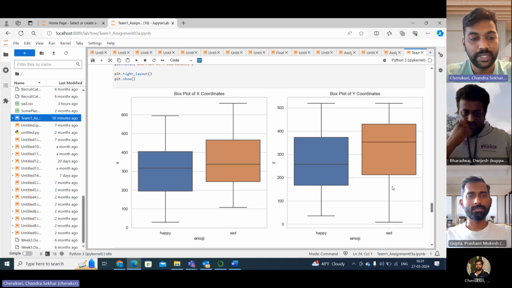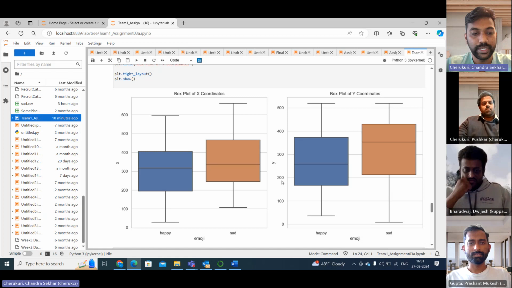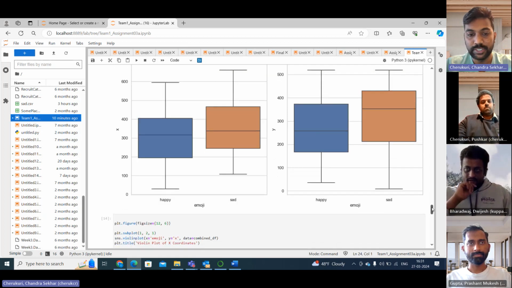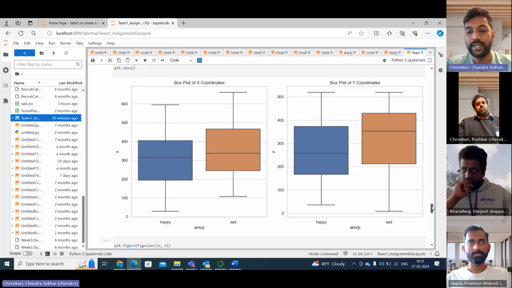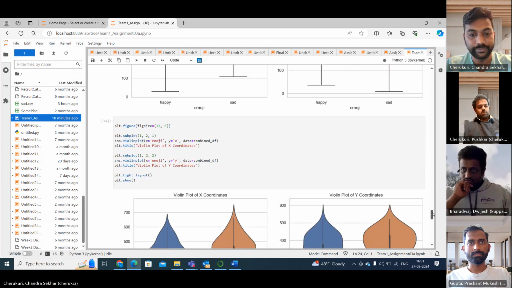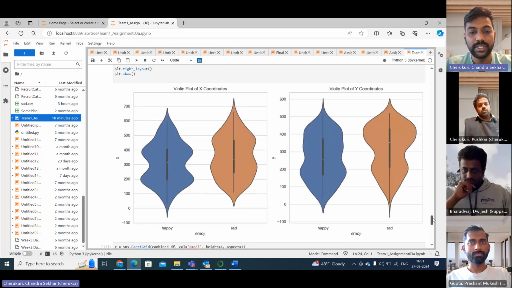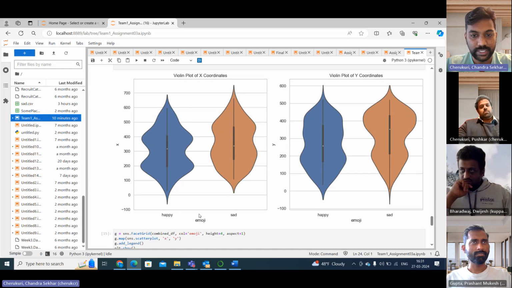These plots are particularly useful for comparing the distribution of the data between our happy and sad emojis. For the X and Y coordinates, it shows the happy and sad emojis. And for the violin plots, this is the visualization for the happy and the sad face emojis.